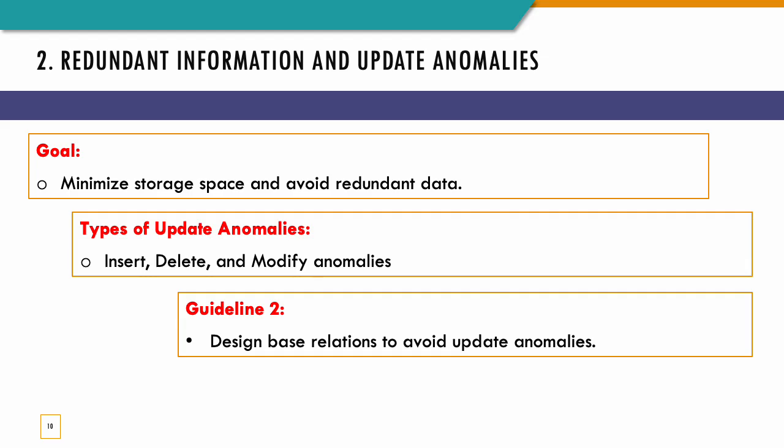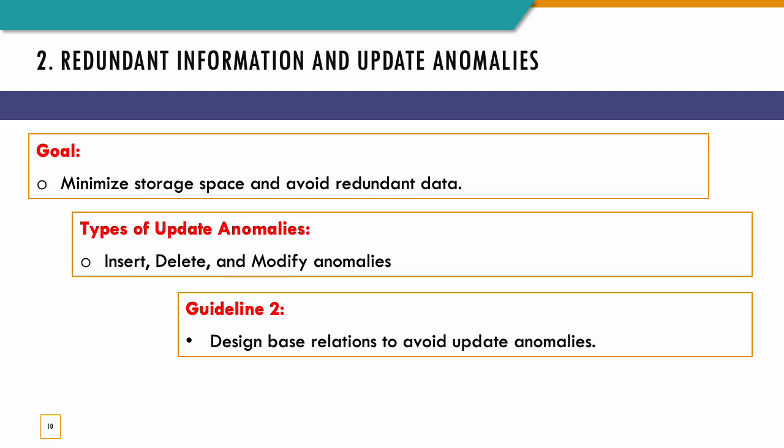Imagine you have a table with customer information and you store the customer's address in several different places. If the address changes, you would need to update it everywhere, which can be error-prone and inefficient.